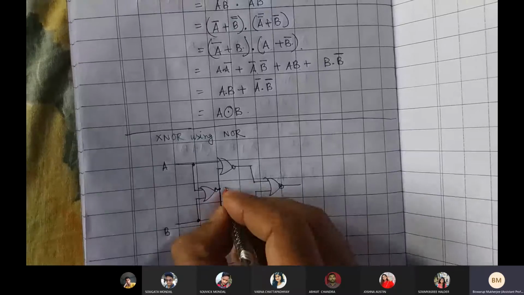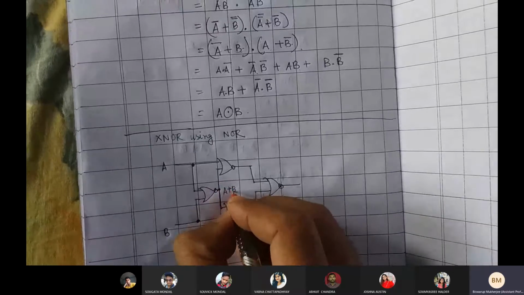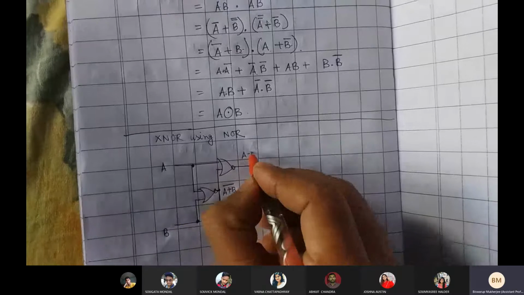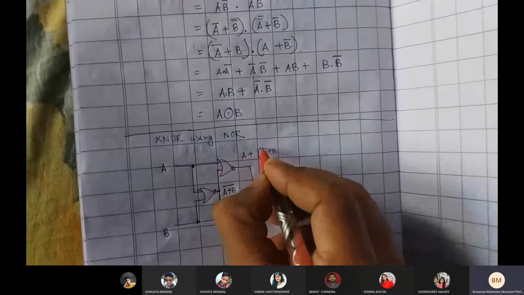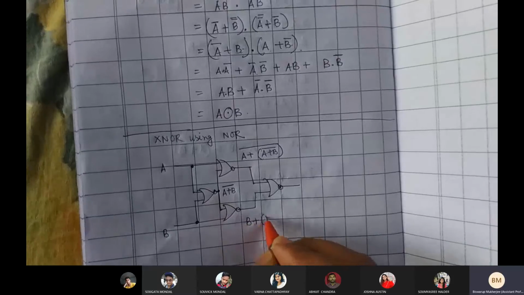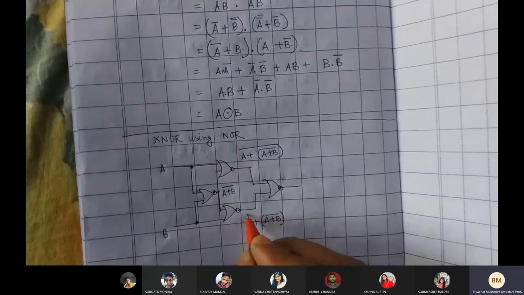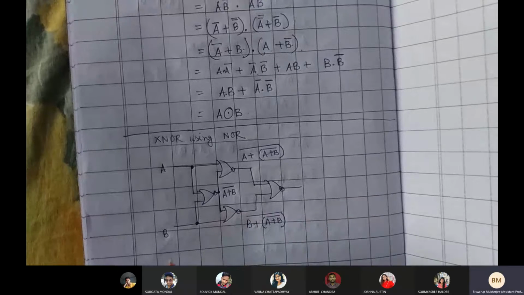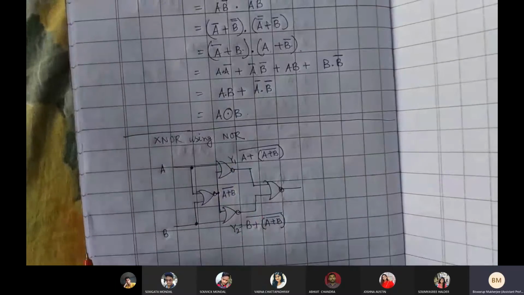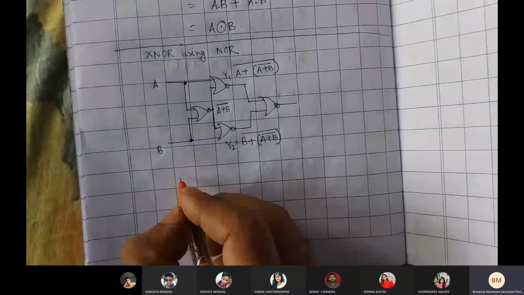What we are getting right over here is A plus B whole complement, right? And here what we are getting is B plus A plus B whole complement, the total, right? So let it be Y1, let it be Y2, something like this. We just put some names there so that we can minimize it easily. So Y1, let me write down right over here.